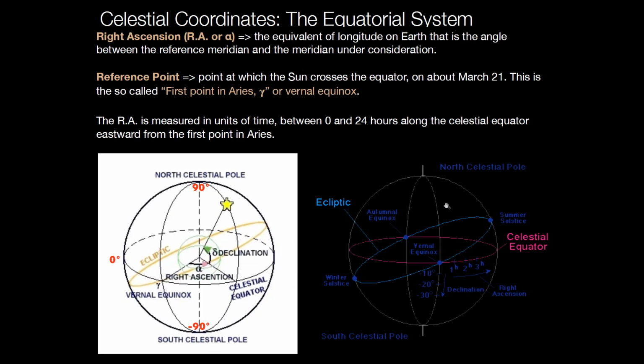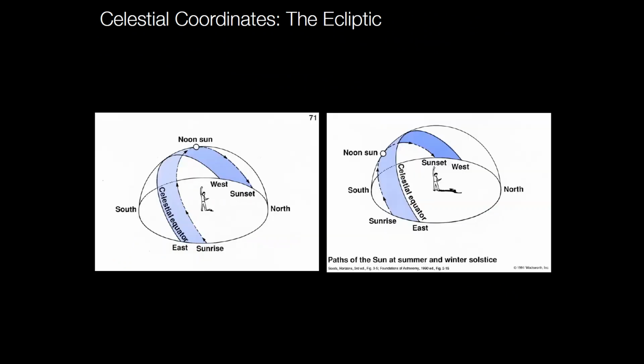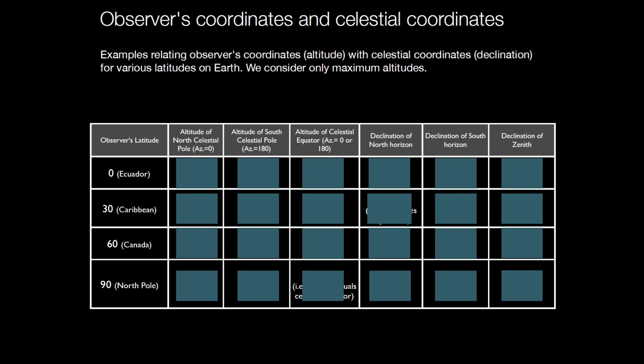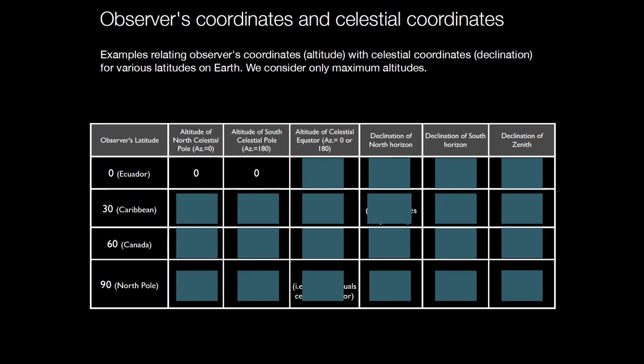Yeah, so that's 0. The altitude of the North Celestial Pole will be 0 because it'll be on the horizon. And by the same argument, the South Celestial Pole must also be 0 degrees above the horizon, but in the southerly direction.